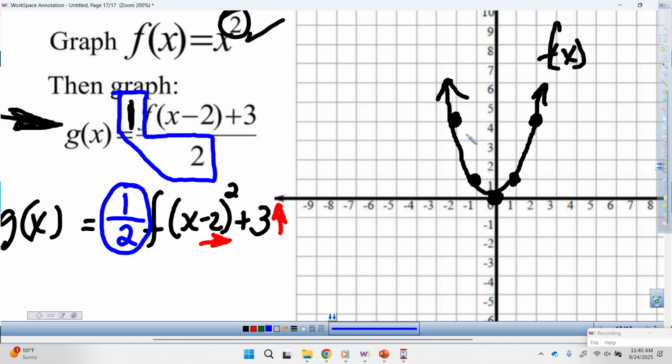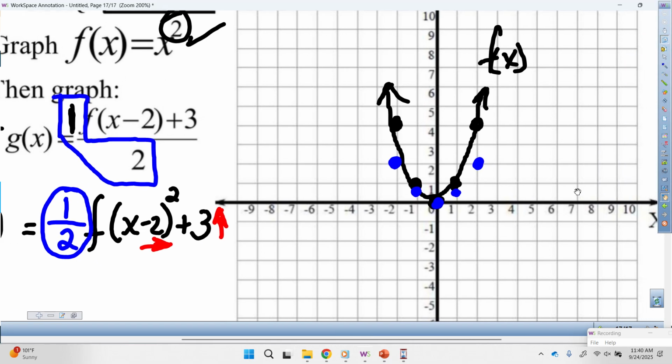Yeah, compress. So therefore, negative 2, 4 becomes what? Negative 2, 2. Yeah, because it's cut in half. Next one, negative 1, 1 becomes negative 1, 1/2. 0, 0. And then you just reflect those on the other side. 1, 1/2 and 2, 2. And lastly, we're going to move them 2 to the right and 3 up.